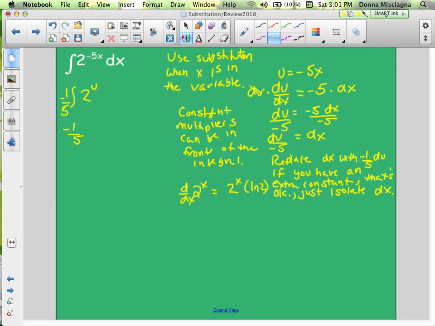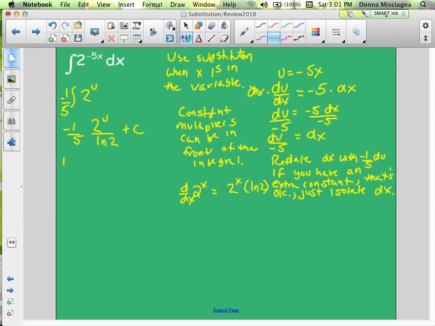So when we take the derivative, we multiply by the natural log of the base. When we take the integral, we divide by the natural log of the base. So this is going to be negative 1/5 times 2 to the u divided by natural log of 2 plus c.